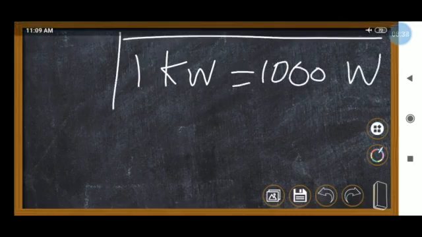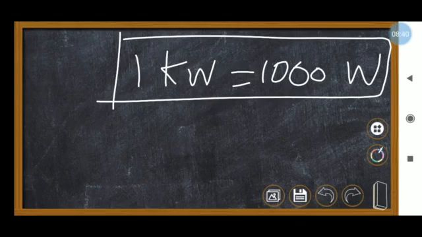So watt is actually a small unit. For electronic devices, even in our house, we do not calculate only in terms of watt, so we convert to kilowatt, which is a somewhat reasonable quantity. So 1 kilowatt equal to 1000 watt, or 1 kilowatt equal to 1000 joule per second.